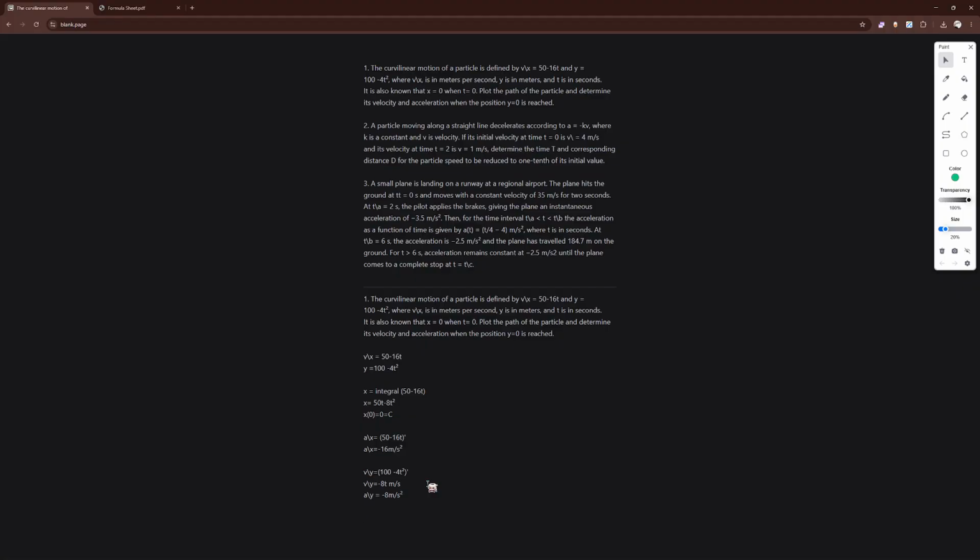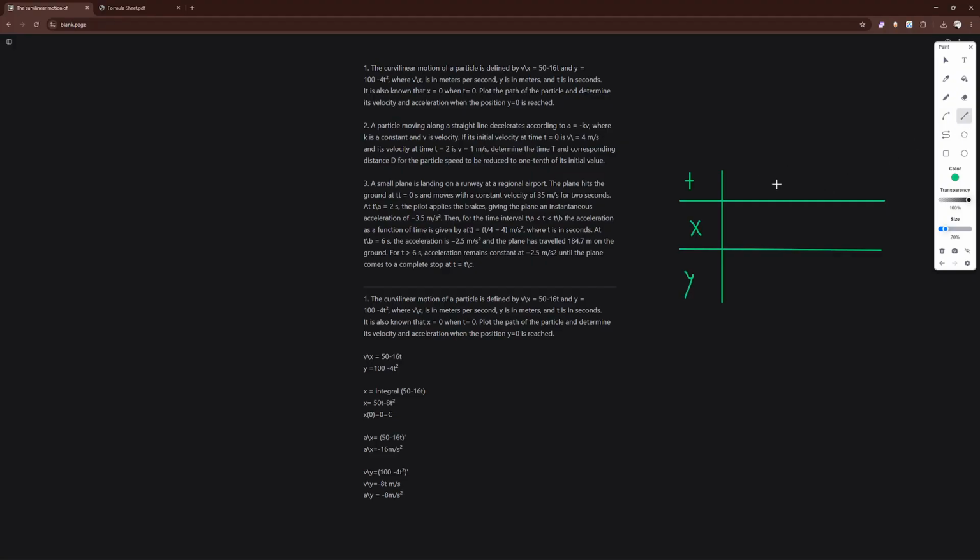Now we need to plot the path, by the way. A method that people like to use is a table. They plot out a table like this with 3 values: t, x, and y.